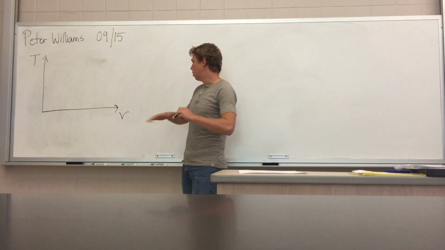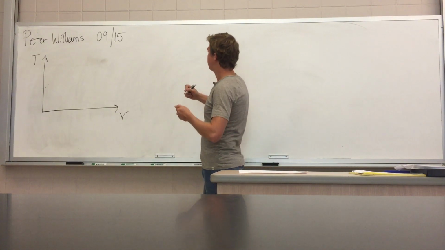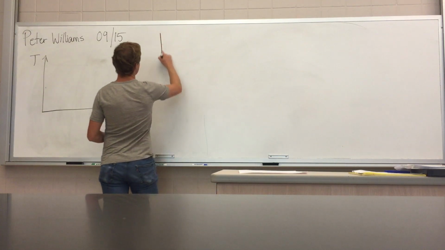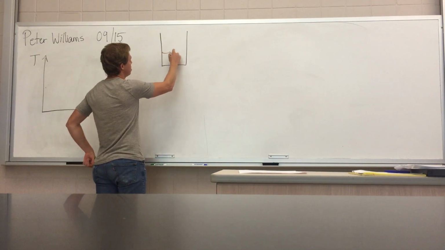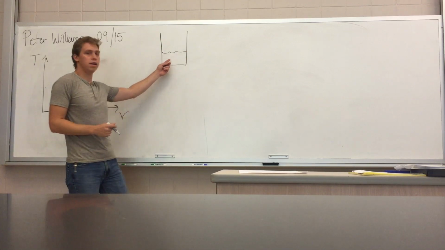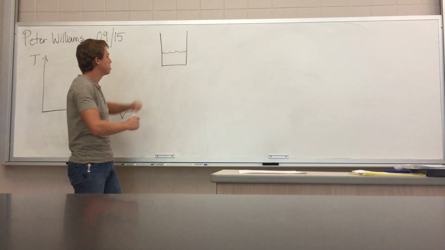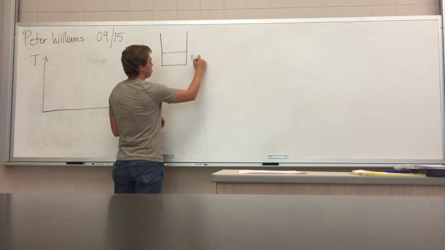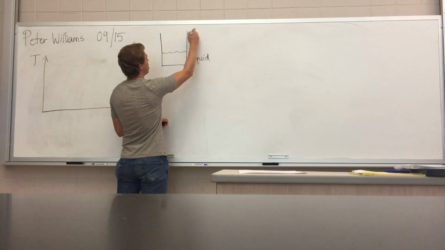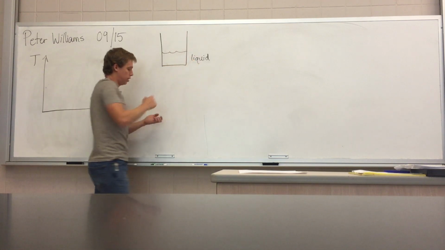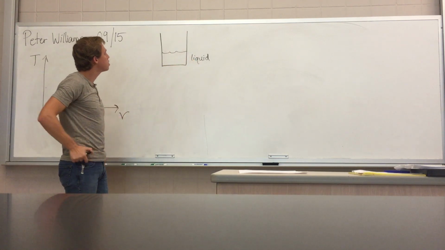All right, so if I have a state, and here's going to be my state, it's a container that has some fluid in it, and this is a liquid, all right? And I'm going to say that my pressure is 1 atmosphere. Now, how can I achieve 1 atmosphere of pressure?